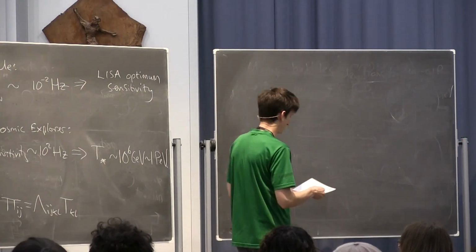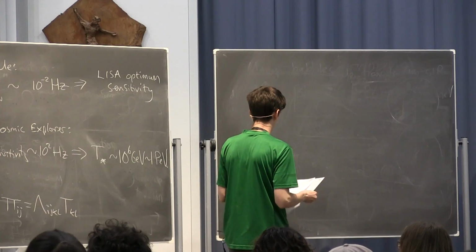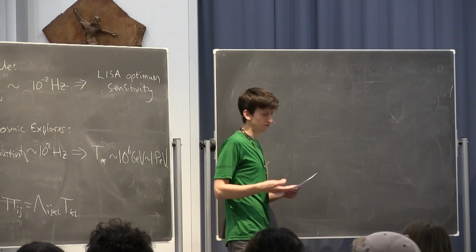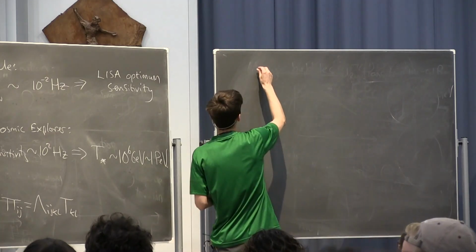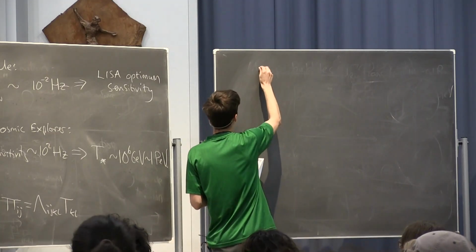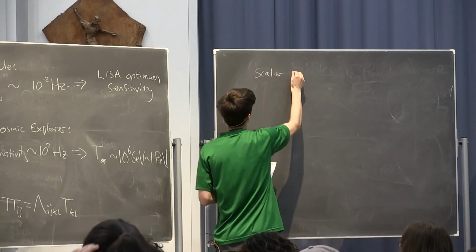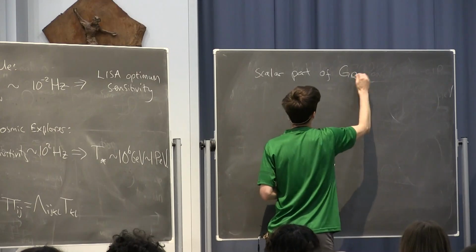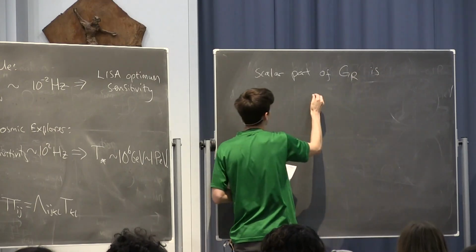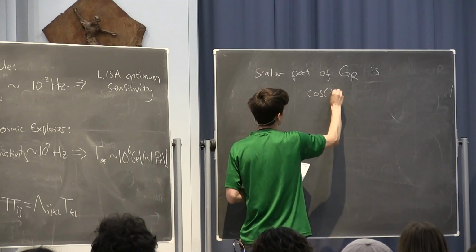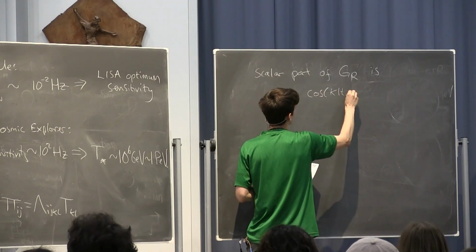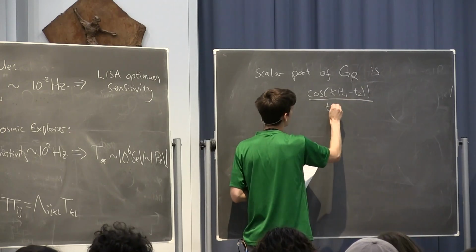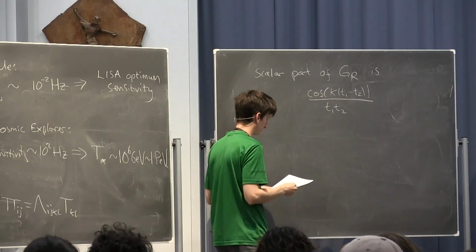And then the scalar part of the gravitational wave Green's function in a radiation-dominated universe is cos of k times T1 minus T2 divided by T1 T2.